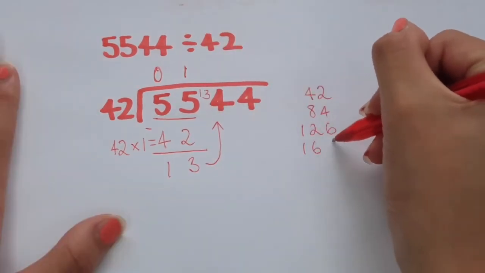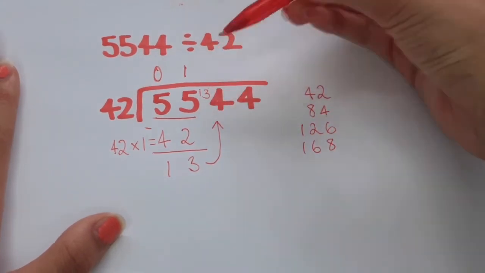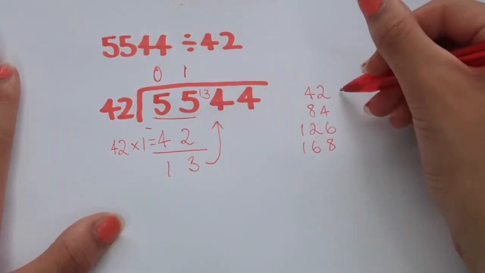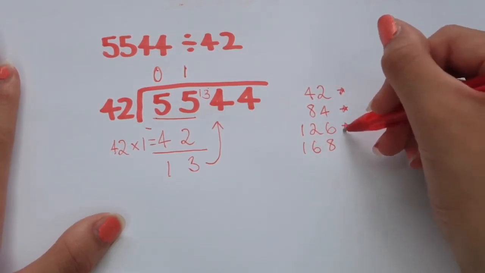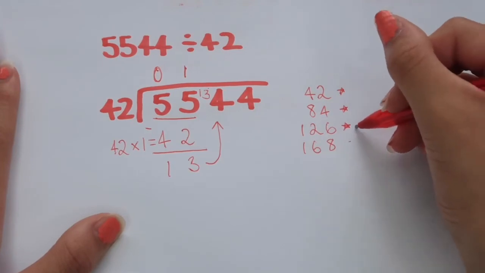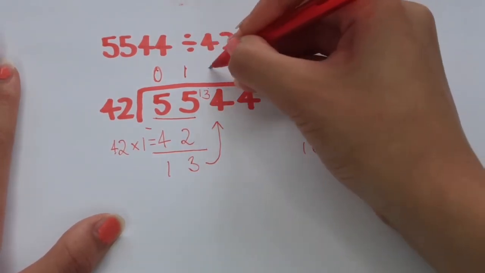So I've just written my 42 times tables out on the side here. I write this on the side for extra help. So I'm going to see how many 42s I can fit into 134. I can clearly see that 168 is over, so therefore I can fit it in 3 times.